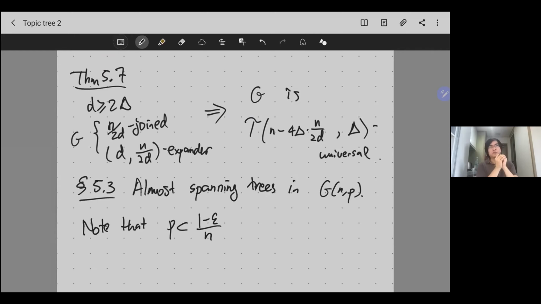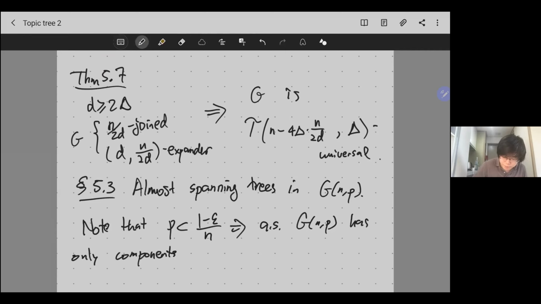This in the literature is the so-called phase transition, when we have a giant component, giant meaning linear in n. So when you go beyond 1 over n, then suddenly you see a huge component. But below that, all the components are small. Then almost surely G(n,p) has only small components.